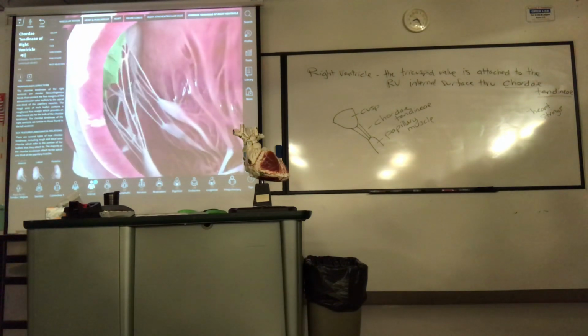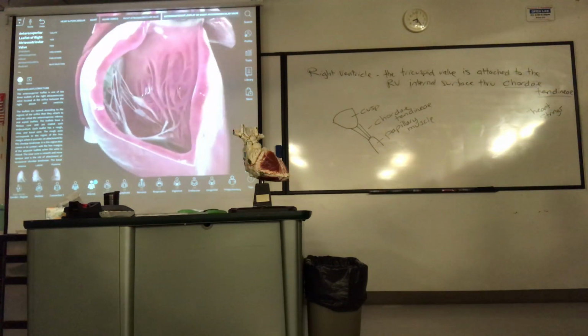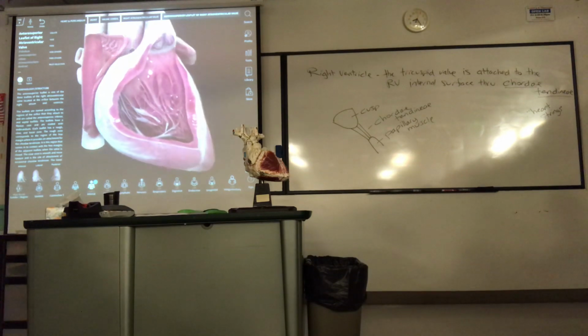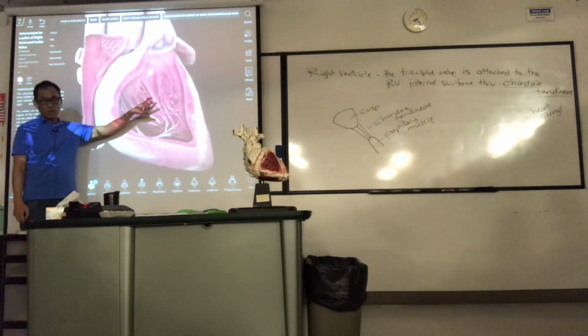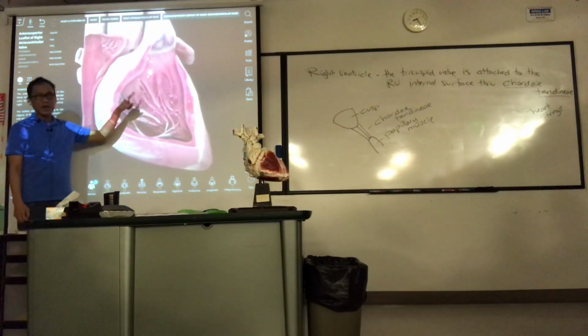So you have the cusp, the heartstrings and the papillary muscle. Look at the internal appearance of a ventricle. It's not smooth. The muscle is like crossbars of flesh.